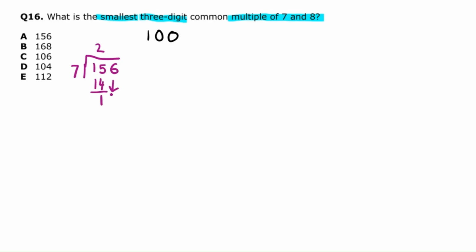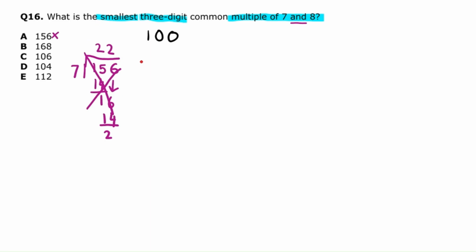The 6 comes down, becomes 16. 7 times 2 is 14. 16 minus 14 equals 2. So we know that it is not possible to do by 7, and it says of 7 and 8. So that means we know automatically that A cannot be the answer.